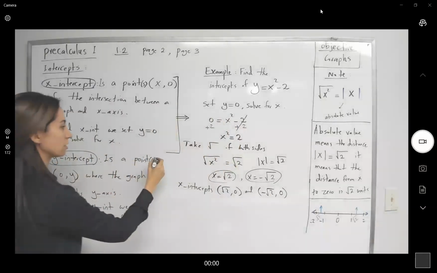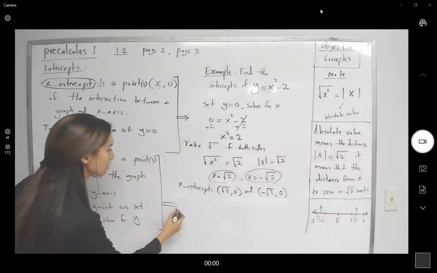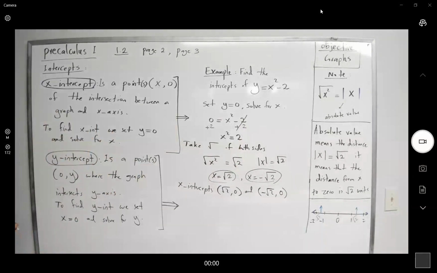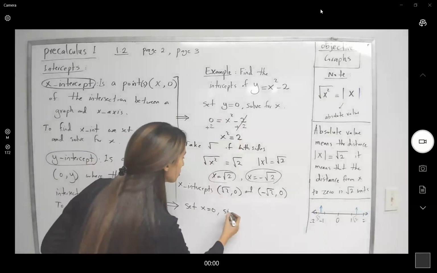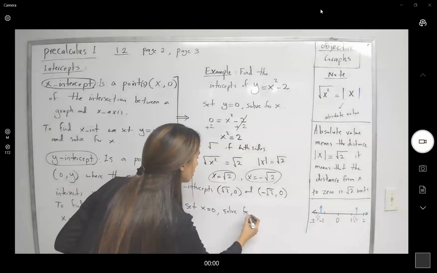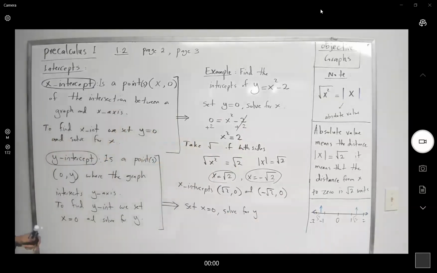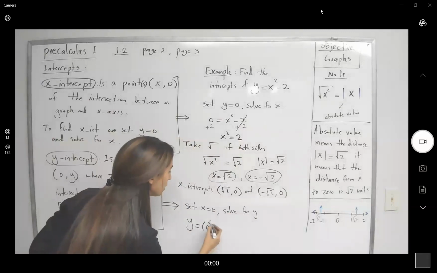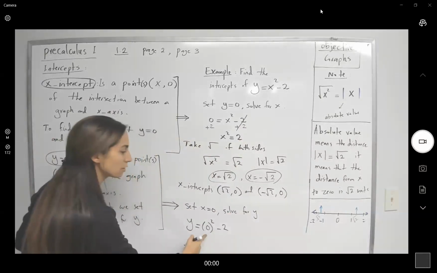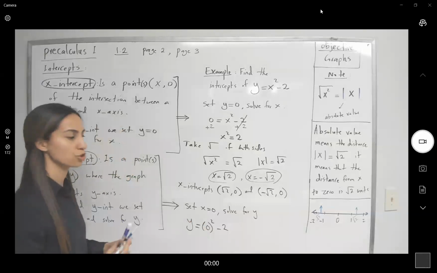Now let us find the y-intercept. Y-intercept is easy. Set x equal to 0, solve for y. Well, x equal to 0 means that I have y equals 0 squared minus 2. 0 raised to the second power is just 0.